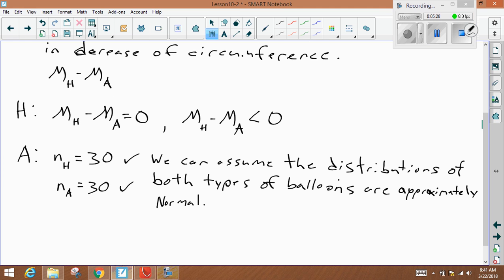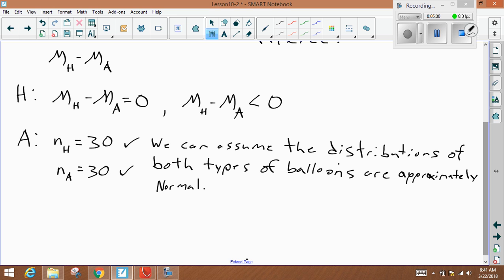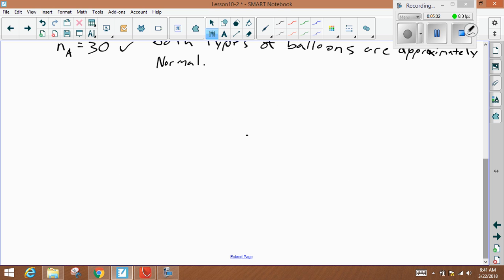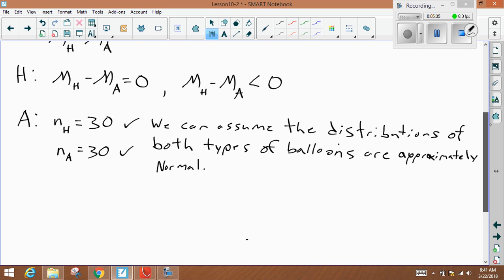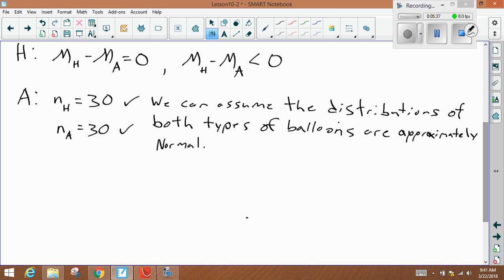So since we can assume that they're approximately normal, we can continue with a two-sample t-test. We will perform a two-sample t-test.